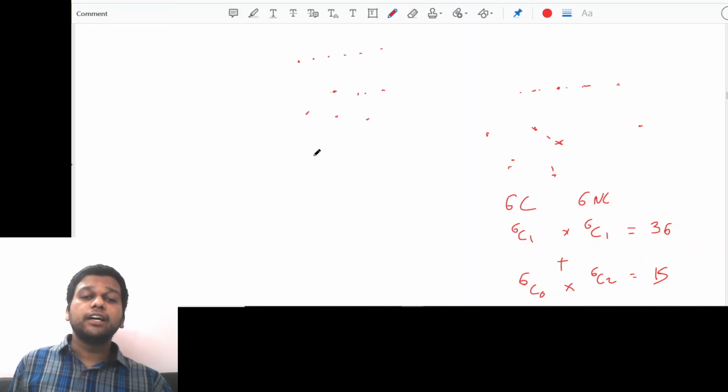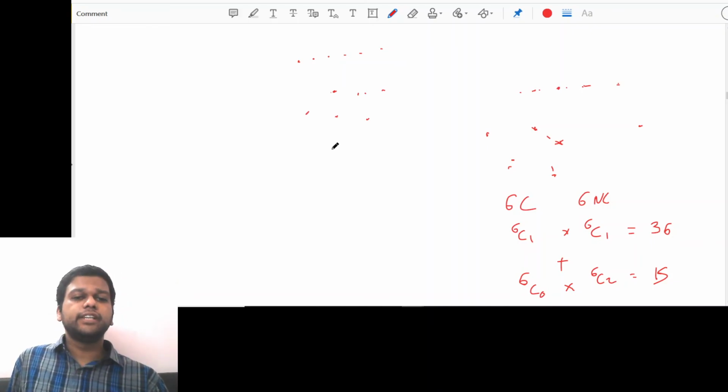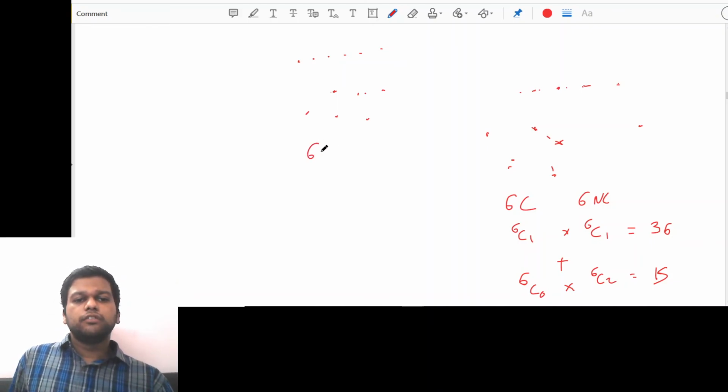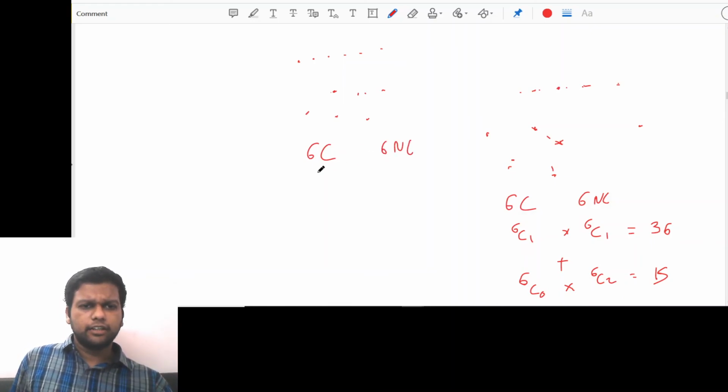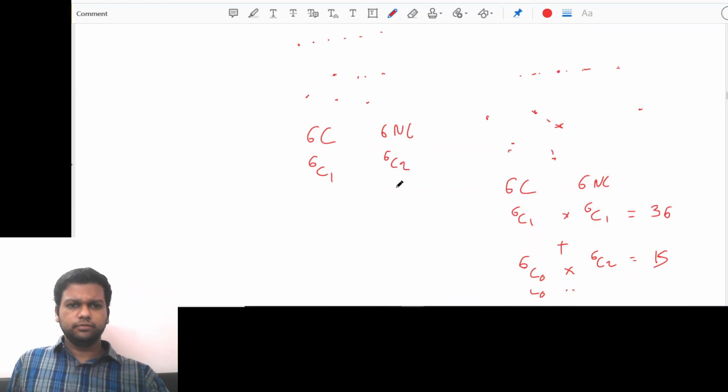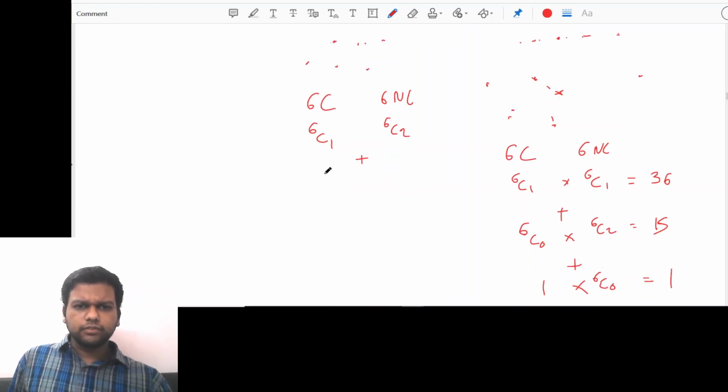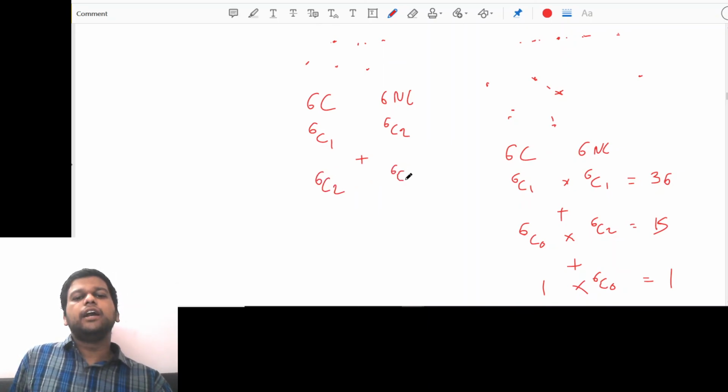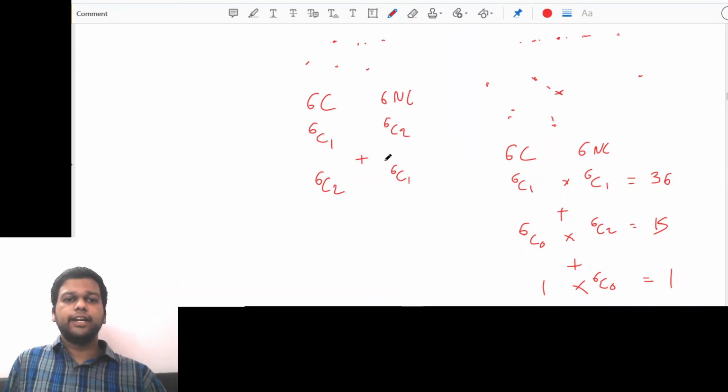So for a triangle we need 3 points now. How do we get 3 points? Out of 6 collinear and 6 non-collinear, how many cases are there? Let's understand. Maybe we can select one collinear and 2 non-collinears, or we can select 2 collinears and 1 non-collinear. That is also a triangle, right?